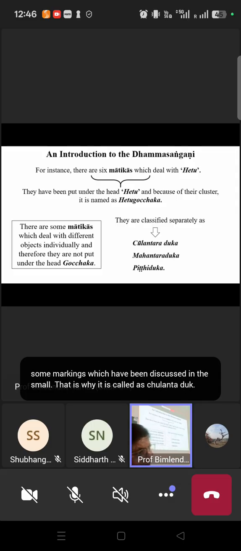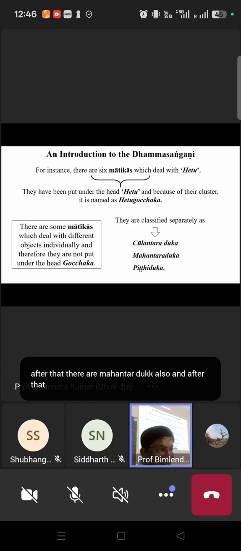And after that there is also the Mahantara Dukha, and after that there are the Asava Gochaka, Nivarana Gochaka, Sanyojana Gochaka, then Yoga Gochaka, Ogha Gochaka, Kilesa Gochaka, Upadana Gochaka. There are 10 Gochakas discussed there.